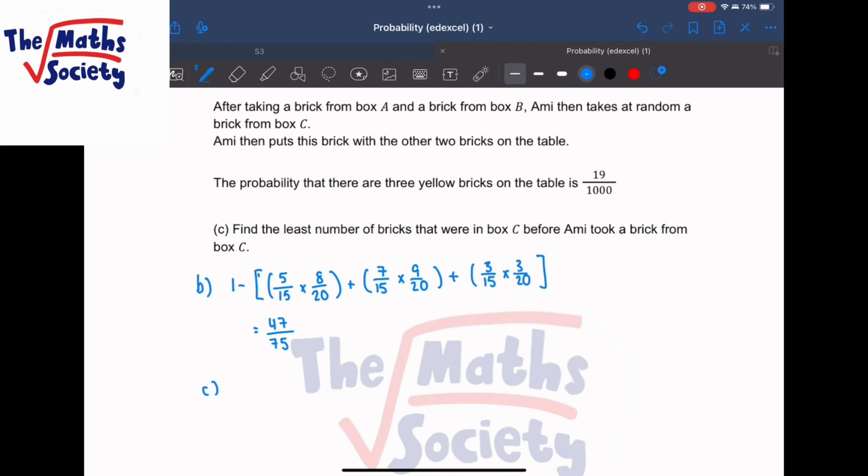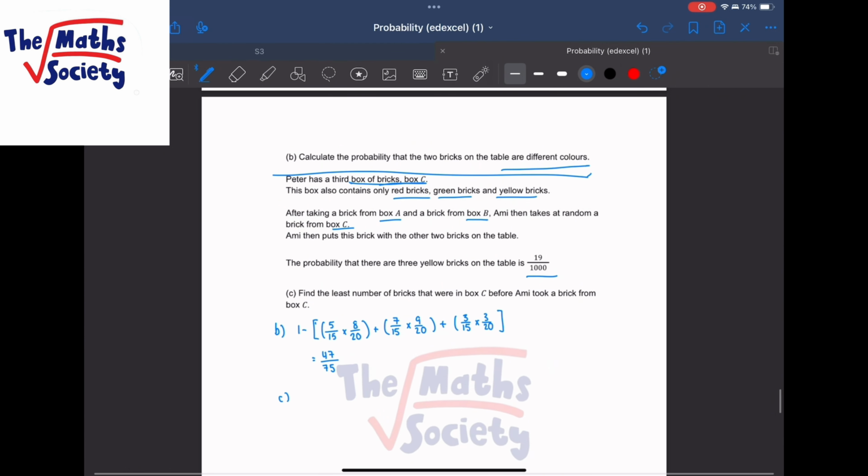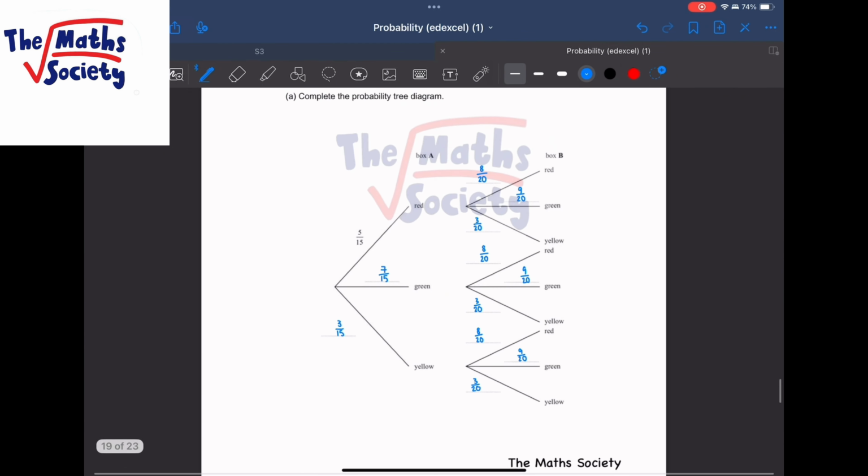Okay. For C, it says that Peter has a third box of bricks, box C. The box also contains red bricks, green bricks, and yellow bricks. After taking a brick from box A and a brick from box B, Amy takes a random brick from box C. The probability that the 3 bricks are yellow is 19 by 1000. So we'll try to find yellows only, right? So that's 0.2 multiply 0.15. Just change the decimal.